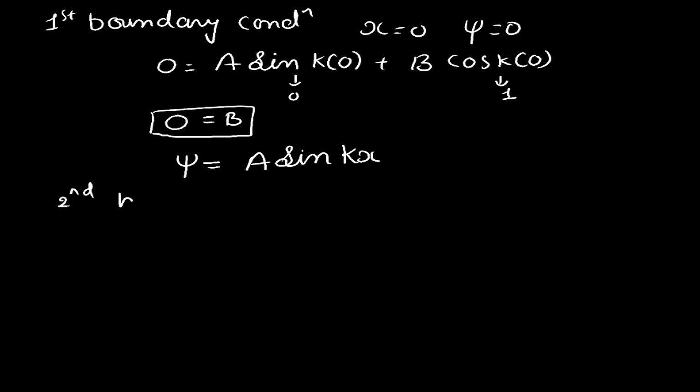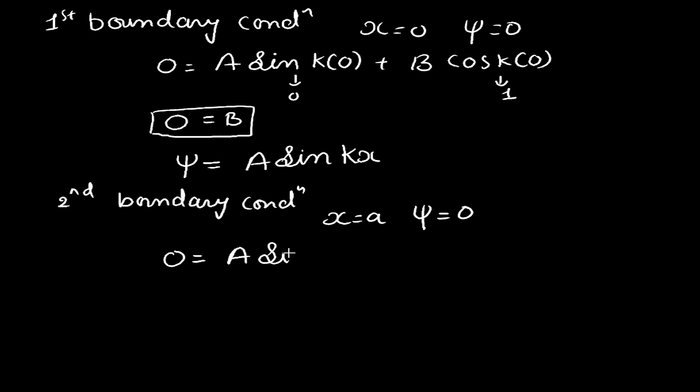Now looking at the second boundary condition, for x is equal to a, psi again will be equal to 0. So this is our wave function, and we will have 0 is equal to a sin ka. Here a is a constant, and a is not equal to 0.